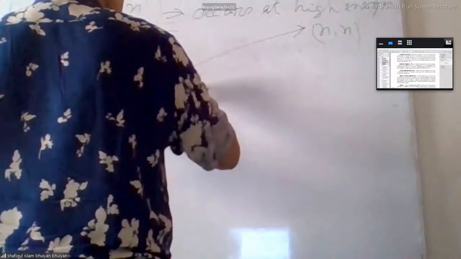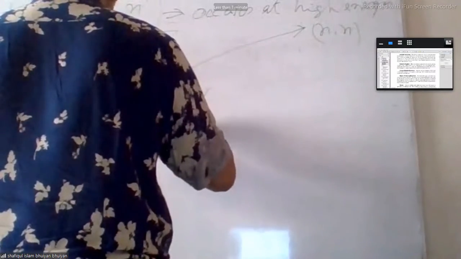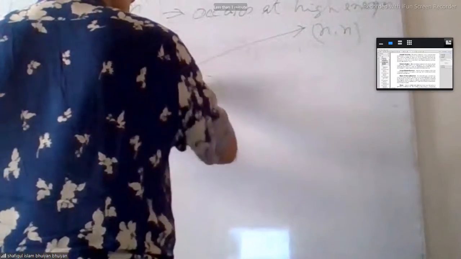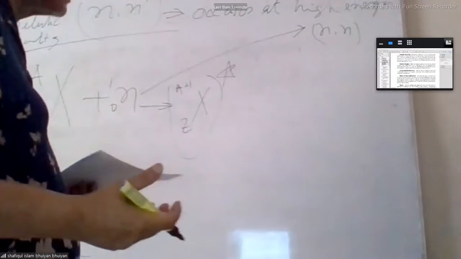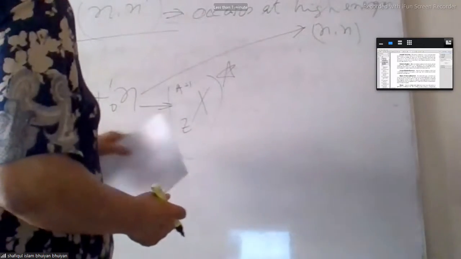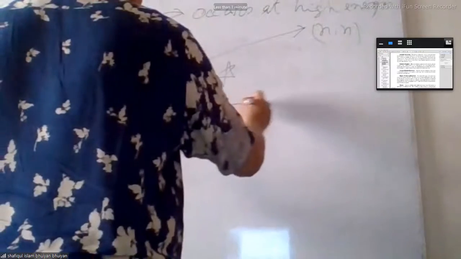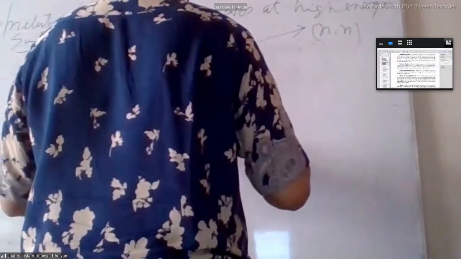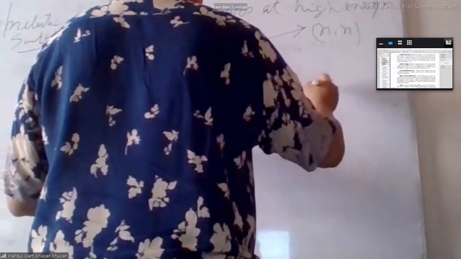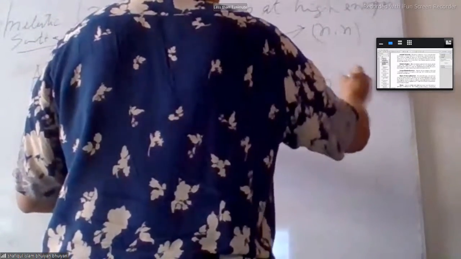This will be A plus 1, and this will be Z. This is in an excited state, living about 10 to the minus 13 seconds or something like this. Then it decays; it can be elastic scattering also.